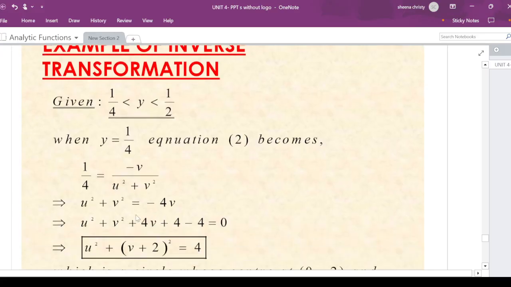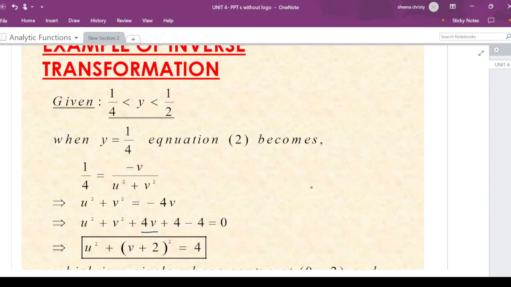So doing the simplification, cross multiply it, you will get U square plus V square equal to minus 4V. Now, I am going to write it in the perfect square form. To make it in that manner, you can bring this minus 4V to the left hand side: U square plus V square plus 4V. And here, to write it as a perfect square form, we have to add and subtract 4 because we are having 4V here.